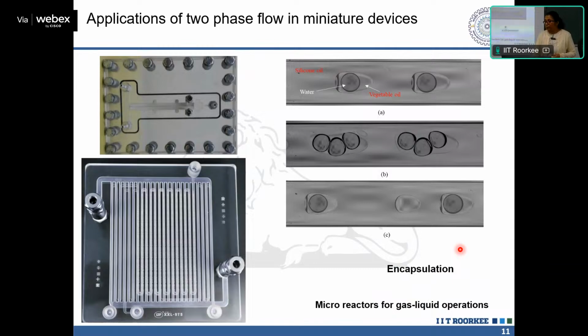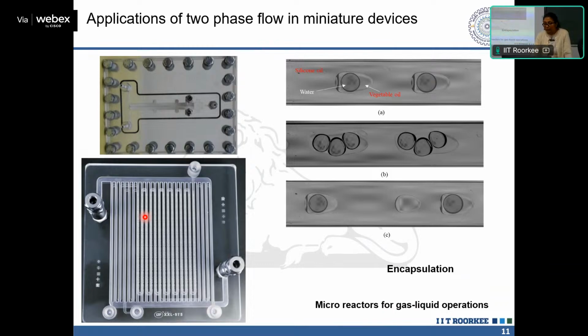So this is some example of real life reactors and some examples of how things are carried out in miniature devices. This is an example of a gas liquid reactor that we have used in our study. This is also the same. So this is just a single line, and this is multiple serpentine channels.